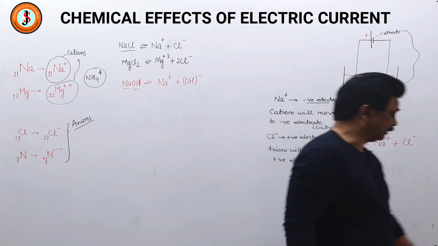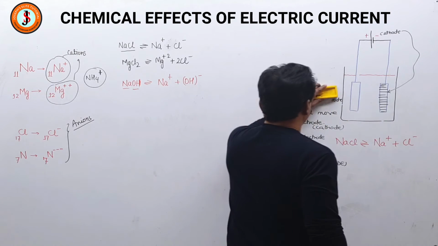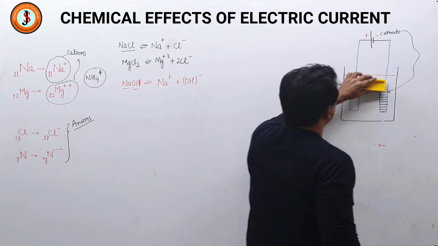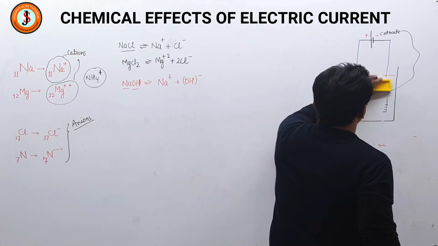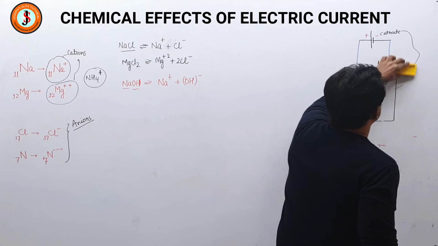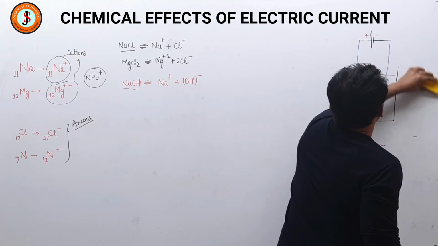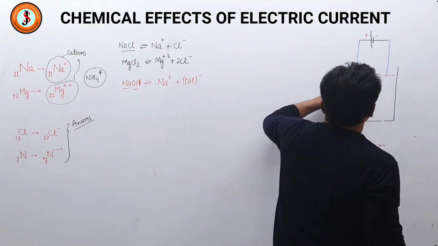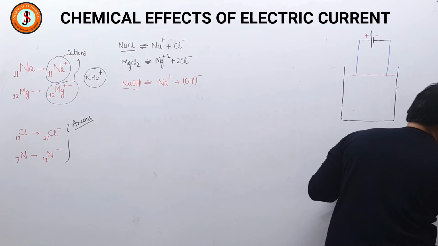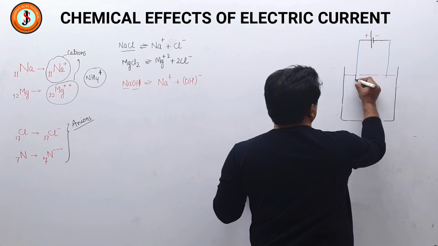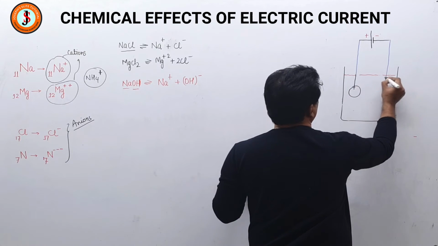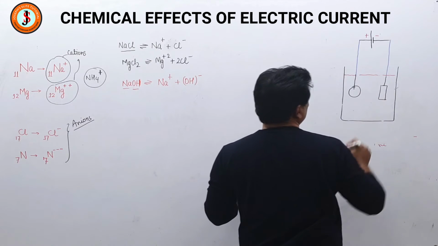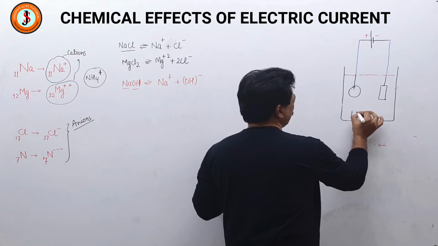Now for electroplating, suppose I have potassium iodide. I change this setup: I have, for example, a coin attached over here and some metal plate attached, and I take potassium iodide solution.